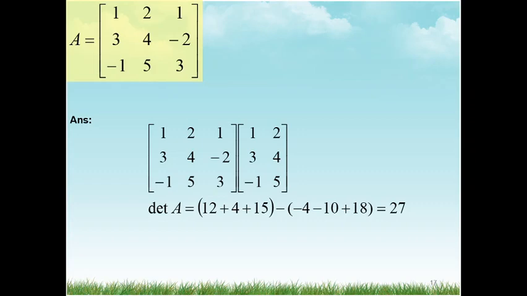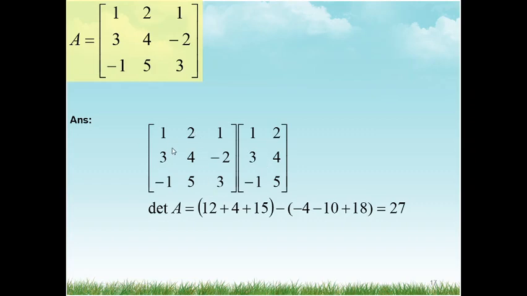This is how we find the determinant of matrix A. We write down again the original matrix, and then we write down another matrix next to it, which is taken from the first two columns of the original matrix.